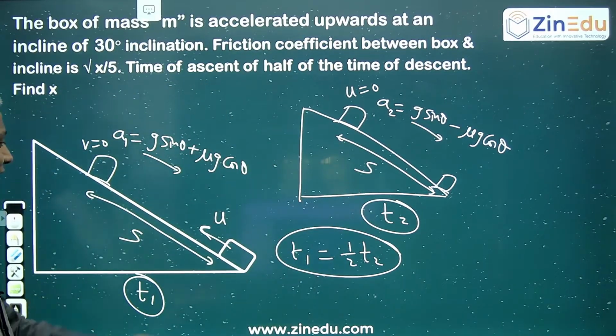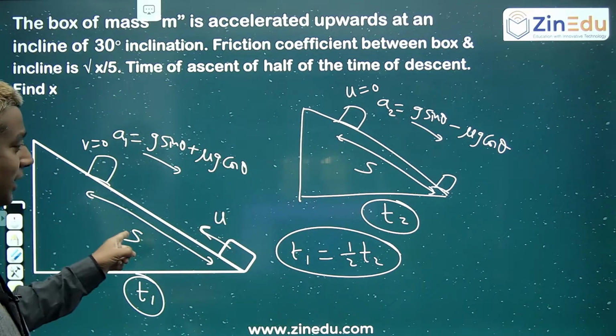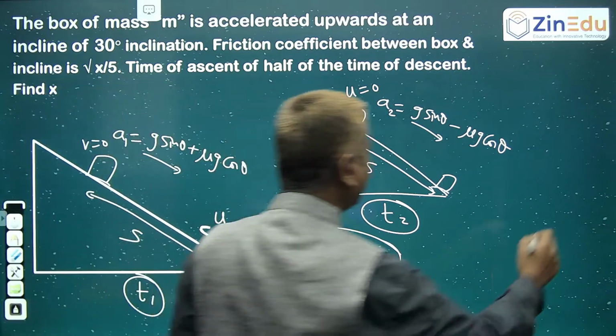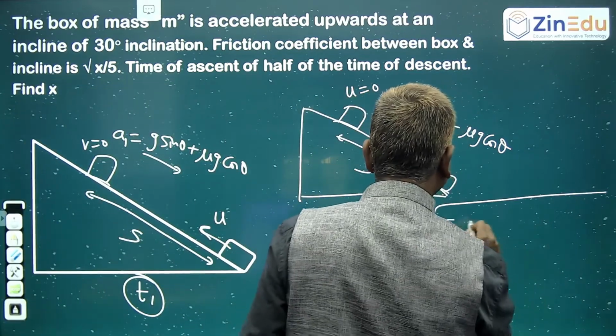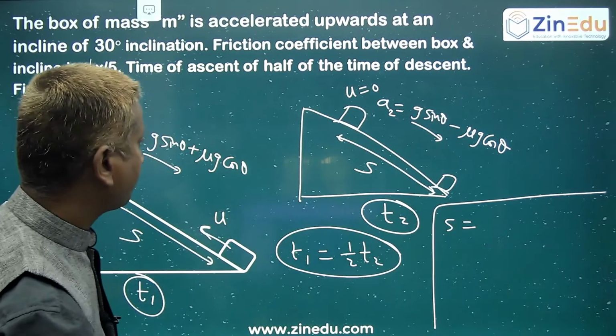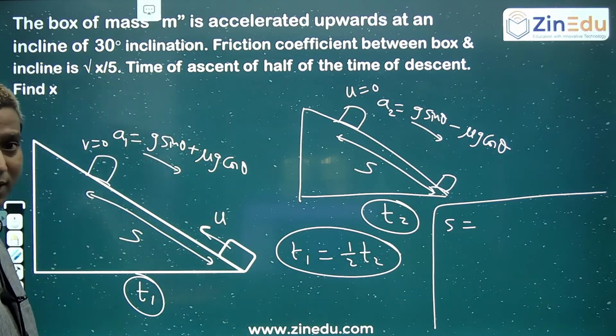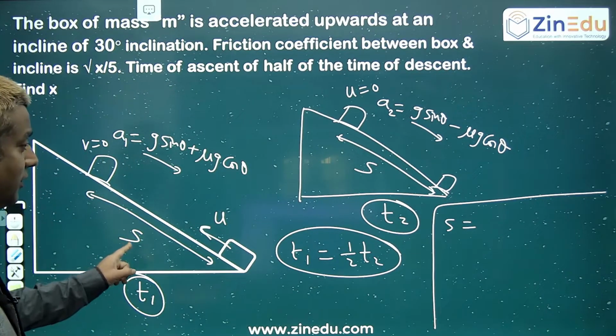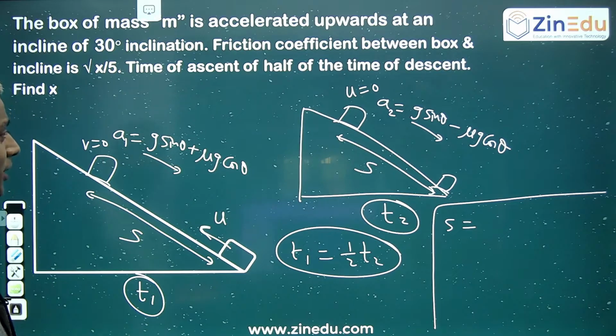First case, initial velocity you know, displacement s, so you can write s equal to ut plus half at square. Or s is same, so it's better you can write v square minus u square is equal to 2as also.